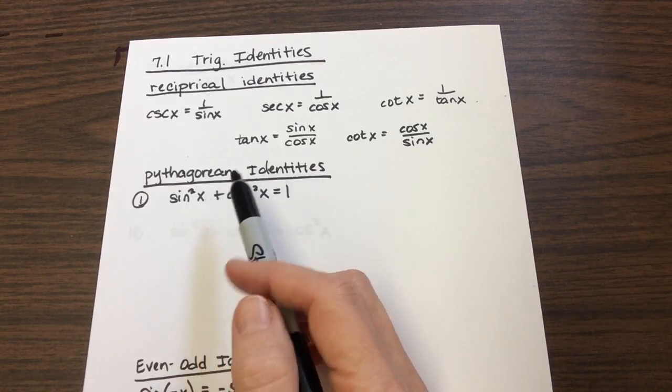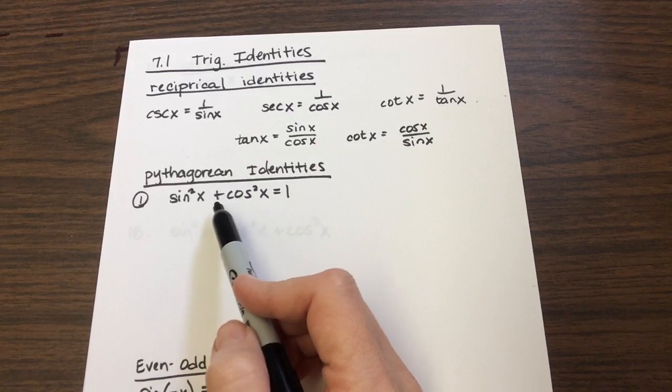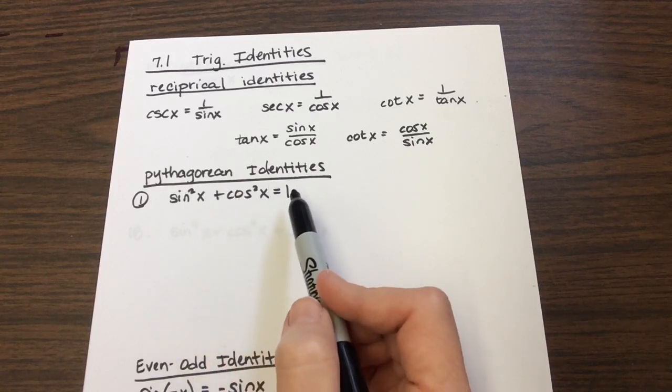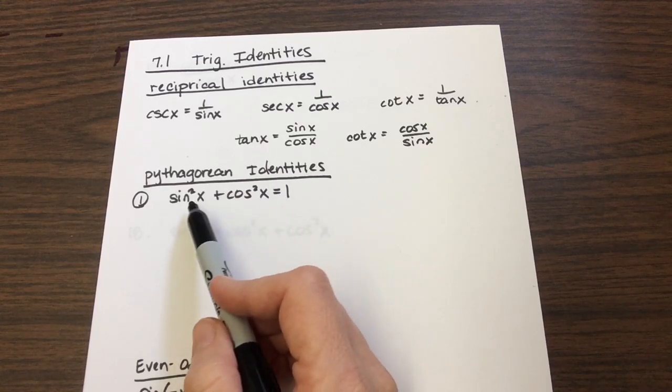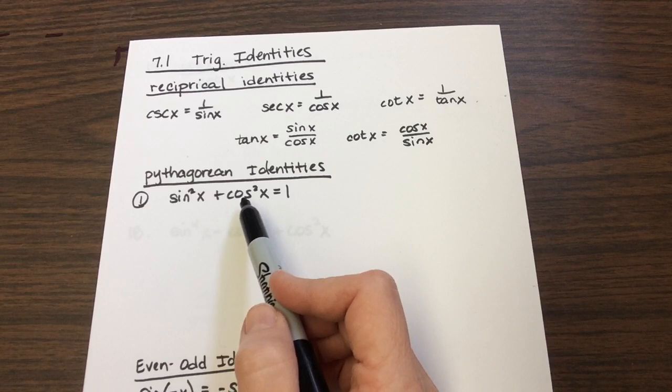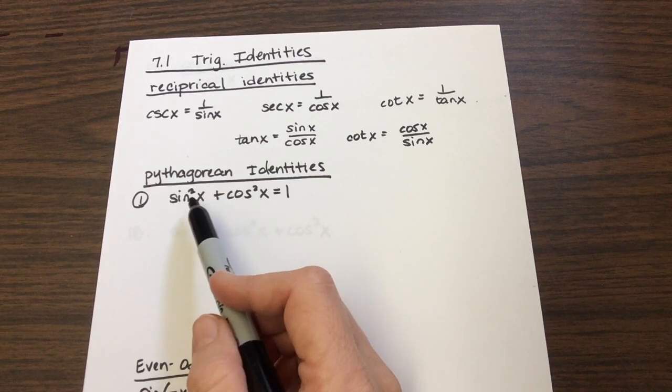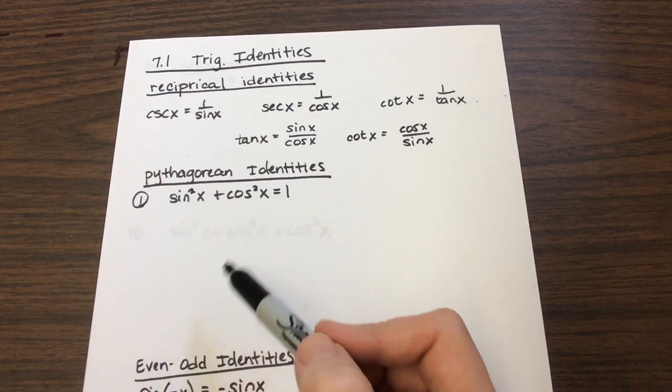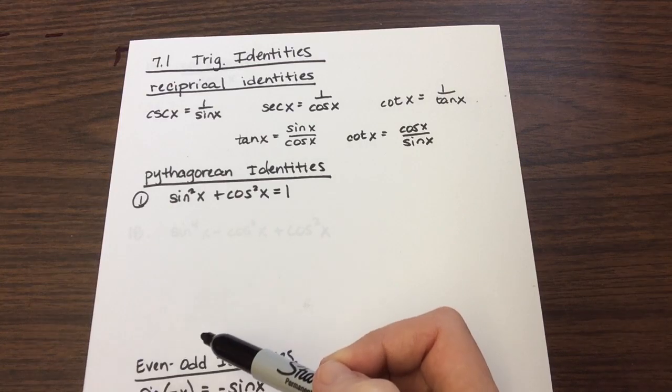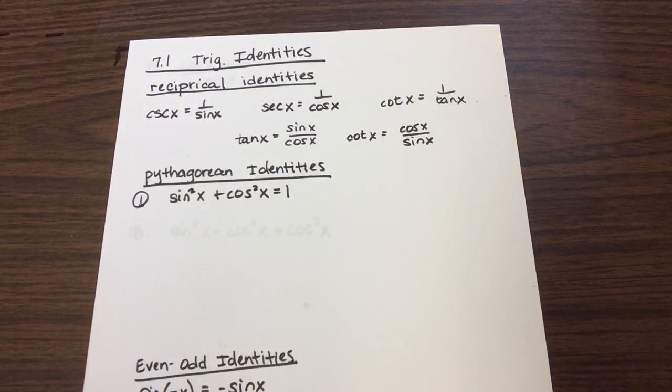Well, if my unit circle has a center at 0, 0 and a radius of 1, and remember that sine is my y value and cosine is my x value, then there's my x squared plus y squared equals 1. I don't know if that made any sense or not, but we'll go with it.